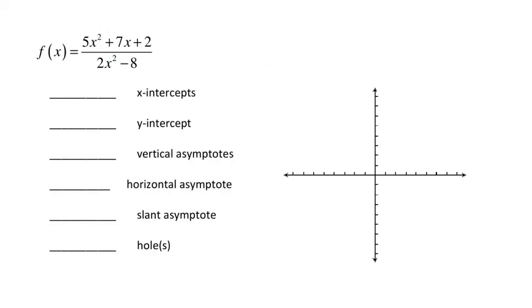So let's describe the attributes and see if we can put it together to do the graph. We said that the x-intercepts were negative 2/5, comma 0, and also negative 1, comma 0. The y-intercept was 0, comma negative 1/4.